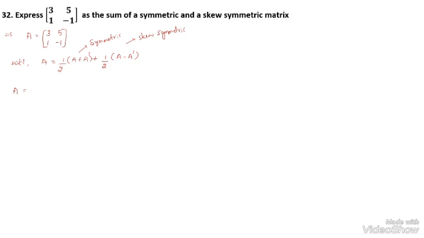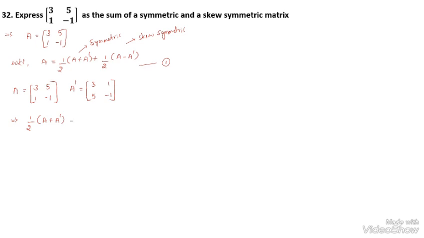Let A be the matrix containing the elements 3, 5, 1, minus 1. This is equation number 1. Then the transpose matrix has the values 3, 1, 5, minus 1. This is the transpose matrix. Now I consider 1 by 2 of A plus A transpose.